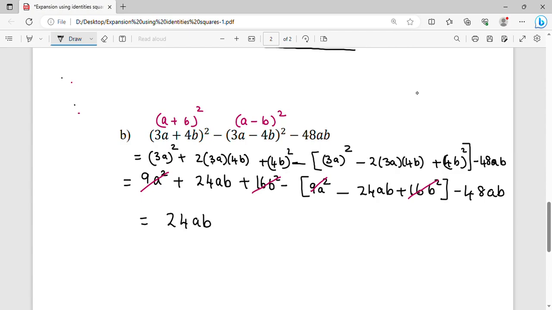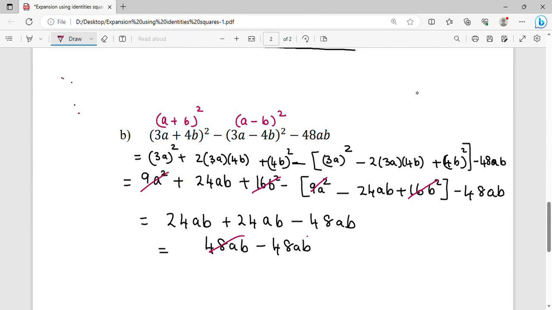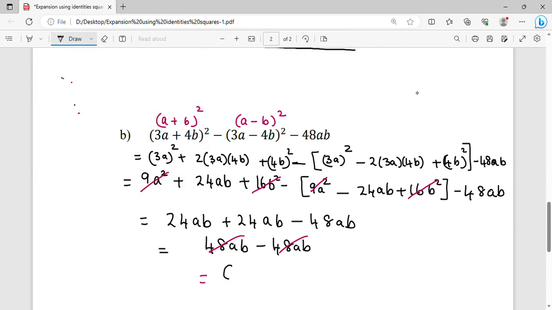This will be minus times minus, which is 24ab minus 48ab. Alright, so this becomes 24 plus 24 is 48ab, and 48ab also gets cancelled, and you would get the answer to be 0. Alright, so basically if you know the identity, it's pretty simple.